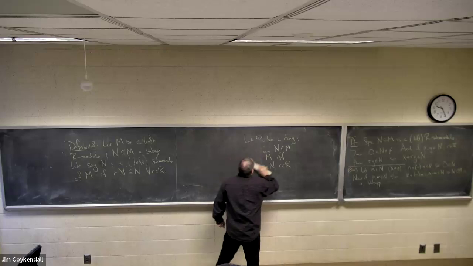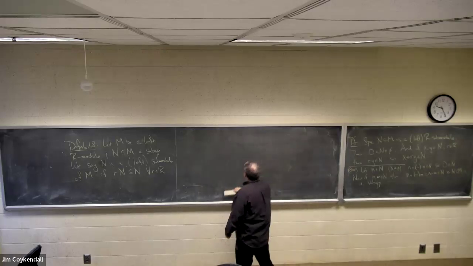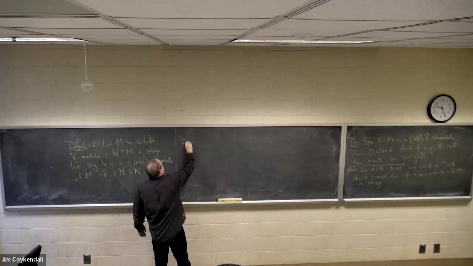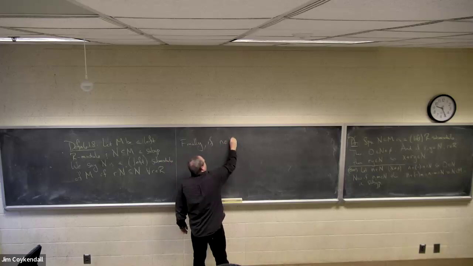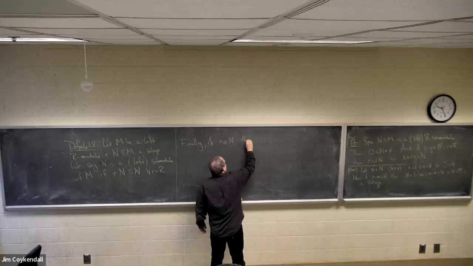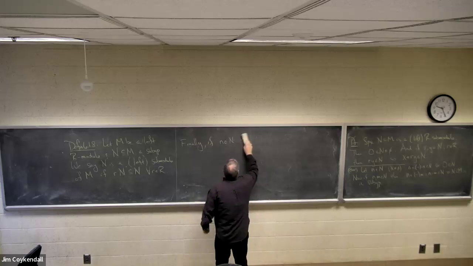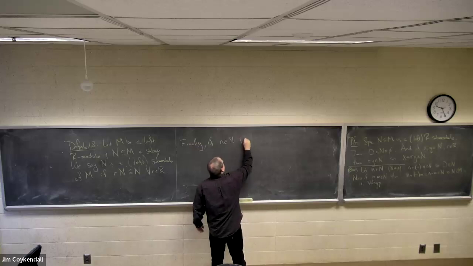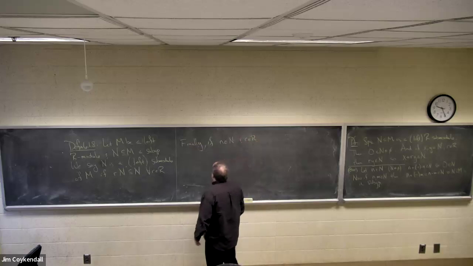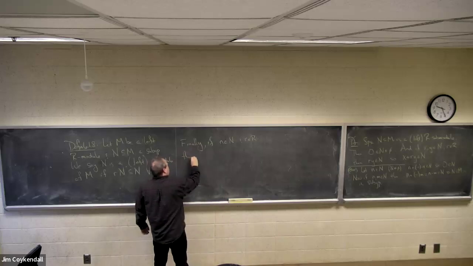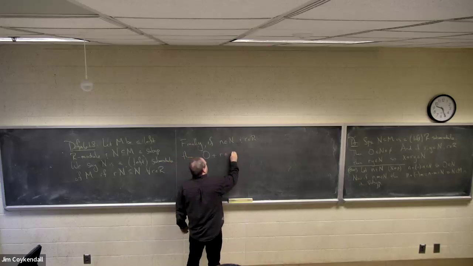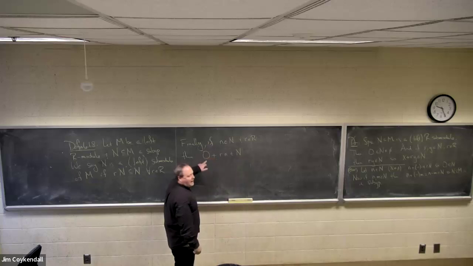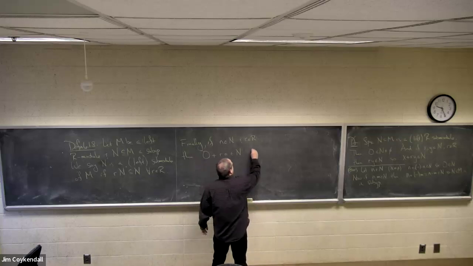And so the last thing I need is to show this condition here that rn is in N. Finally, if n is in N and r is in R, I already know from my first step that 0 is in there, so 0 plus rn is in there.